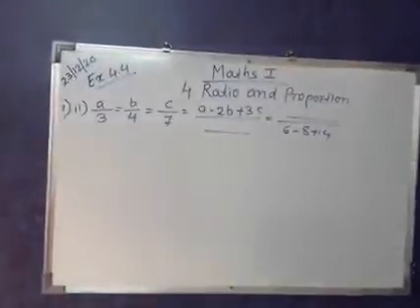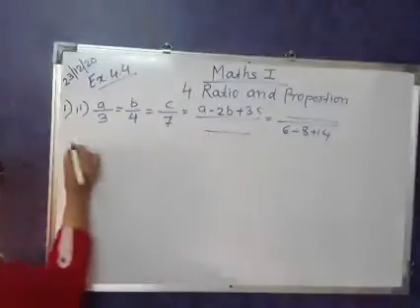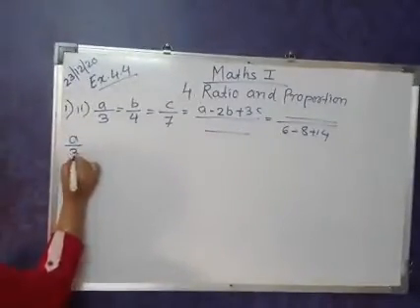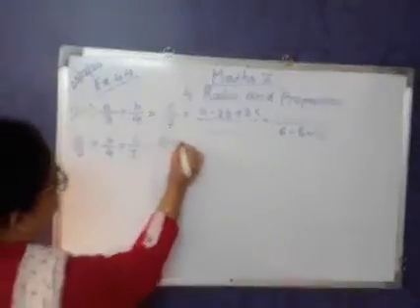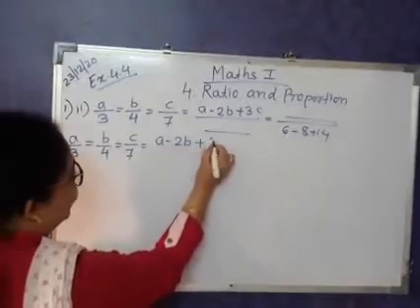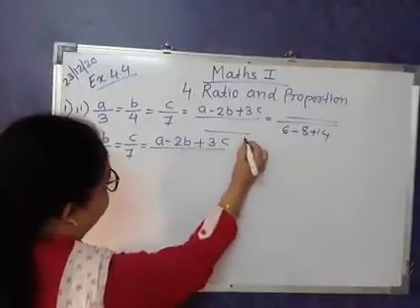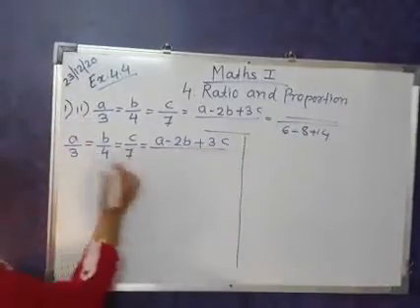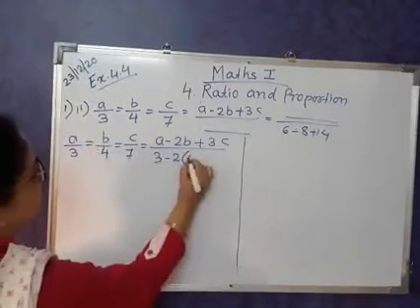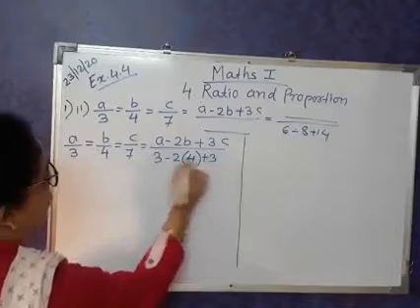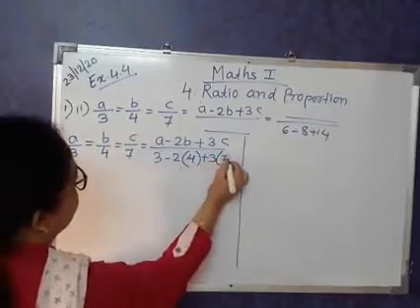Okay. So now first we will see the first part. a upon 3 is equal to b upon 4 is equal to c upon 7. a minus 2b plus 3c upon a's denominator is 3, minus 2 into b's denominator 4, plus 3 into c's denominator 7.